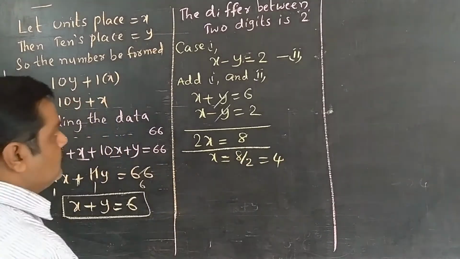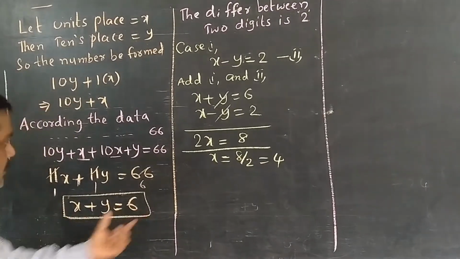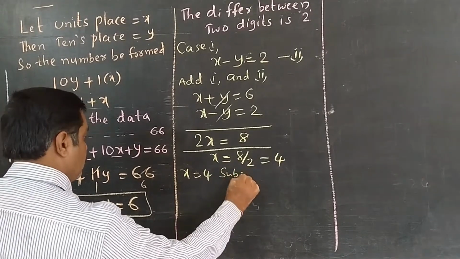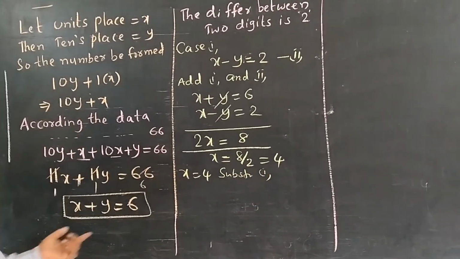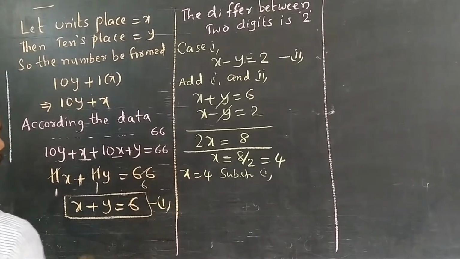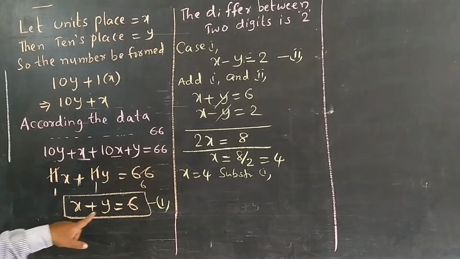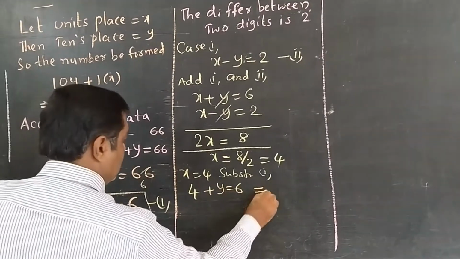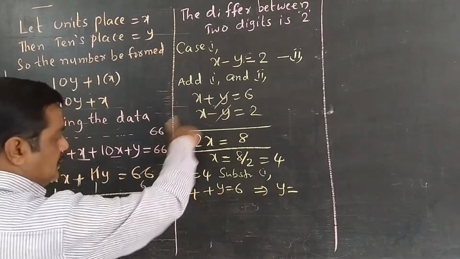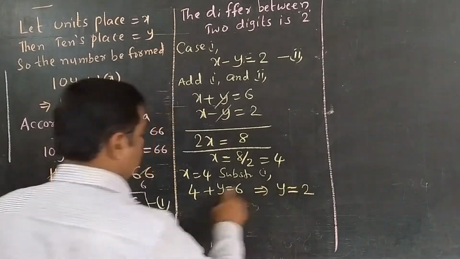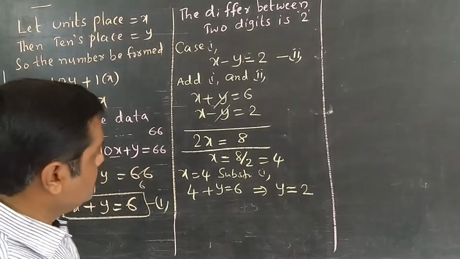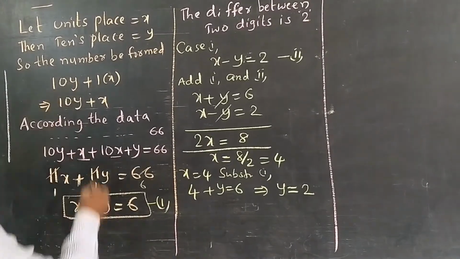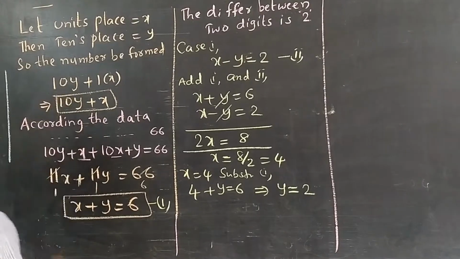We got the x value. Then how to get the y value? Substitute x is equal to 4 in equation 1. So in the first equation, when I substitute x is equal to 4, 4 plus y is equal to 6. Then y is equal to 6 minus 4, that is 2. So what is our original number? 10y plus x.